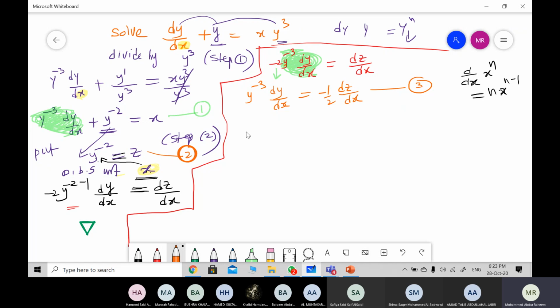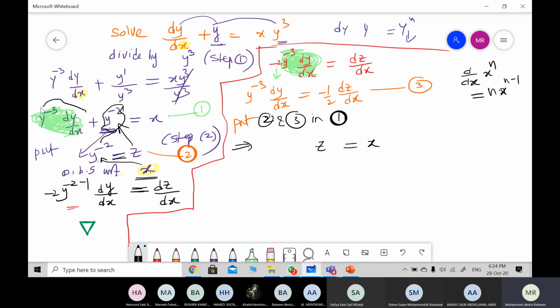Now put 2 and 3 in 1. That implies the equation in z. This is z, and this is x, which is no change. But this term, how much?